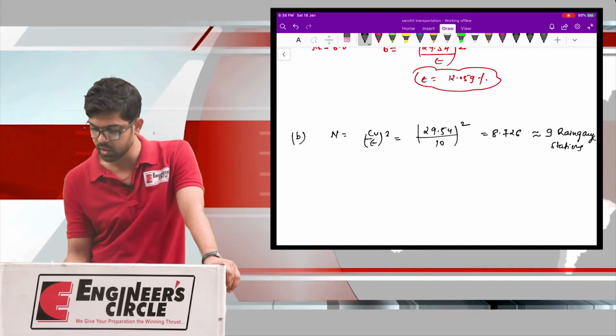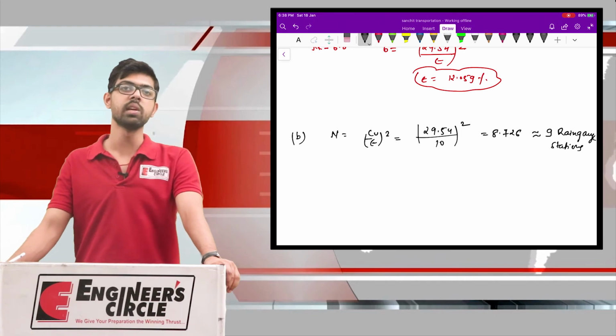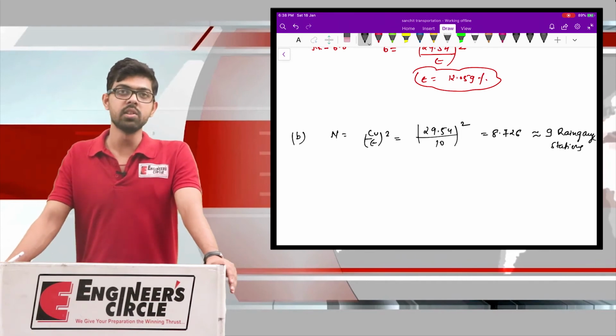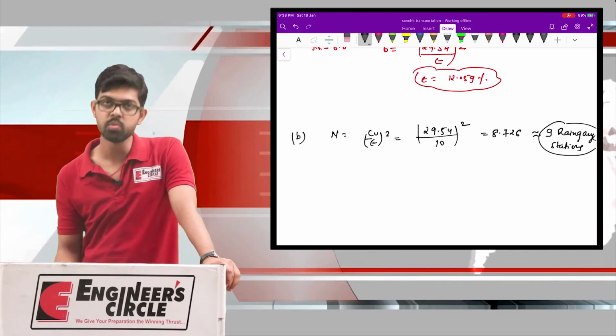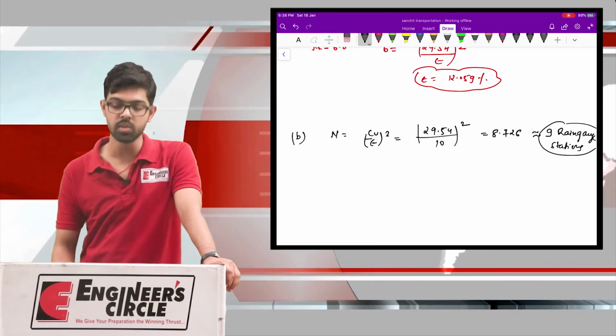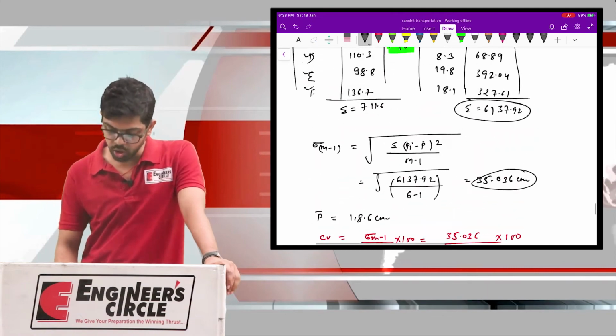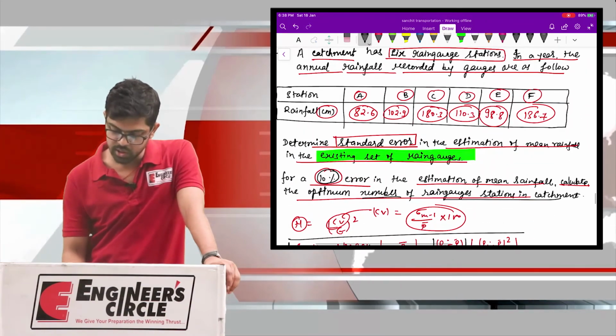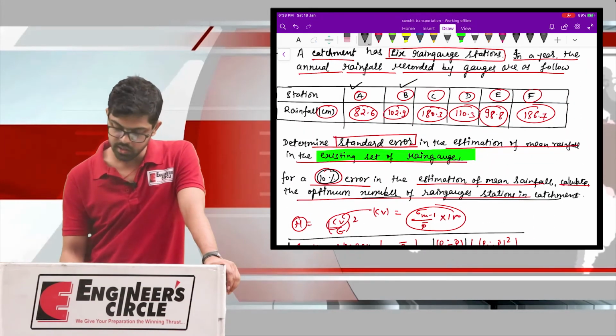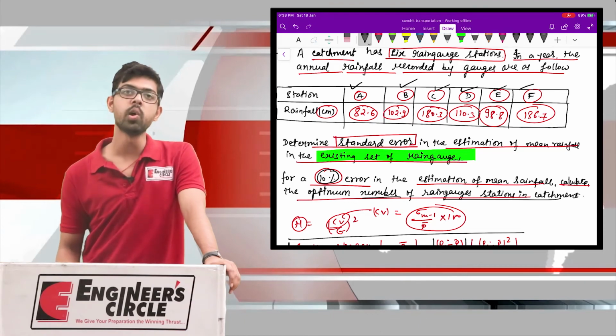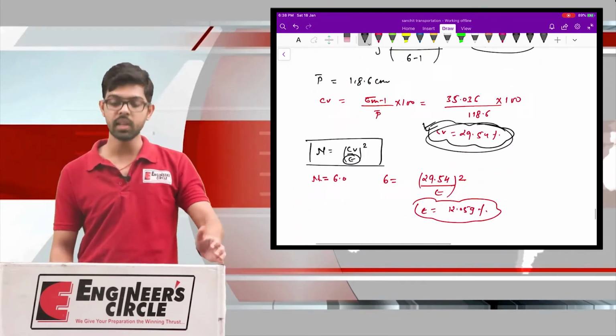So how many optimum rain gauge stations do we require for this 10% standard error? 9 rain gauge stations we need to establish. Now out of 9 rain gauge stations, 6 are already established, that is A, B, C, D, E, F. So what additional number of rain gauge stations are required?